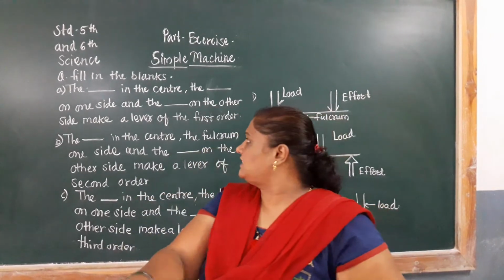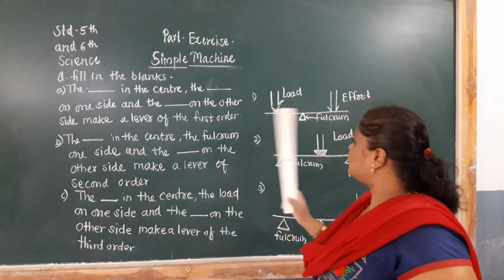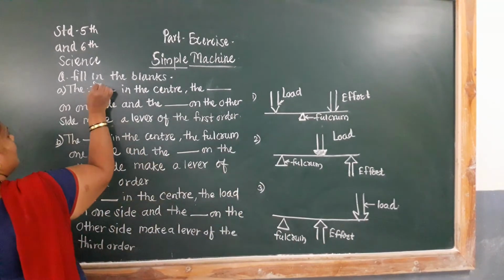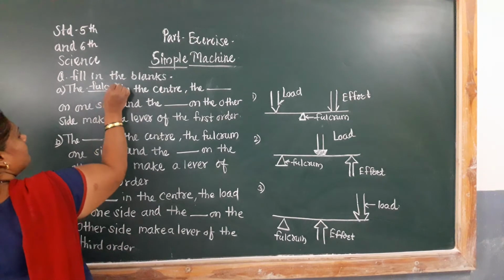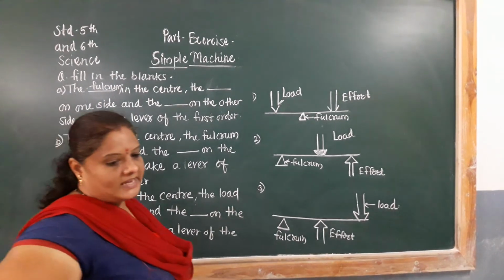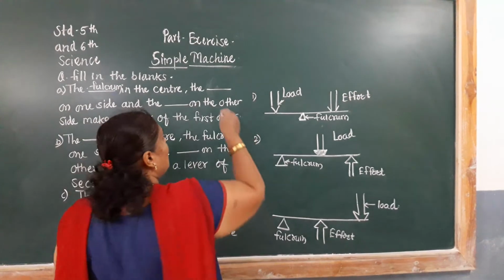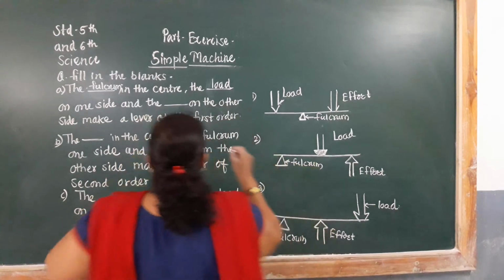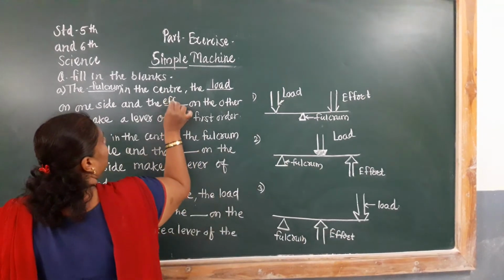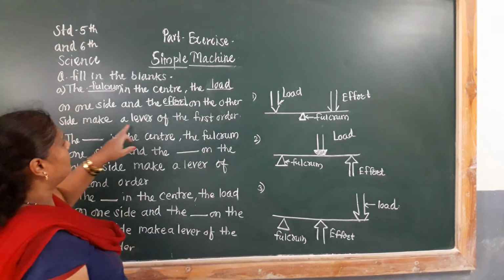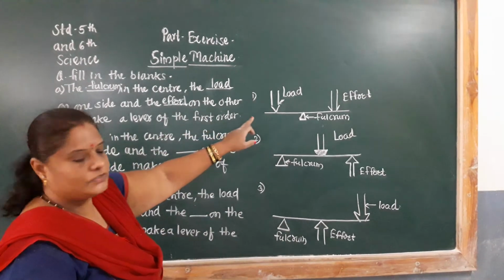The dash in the center. What is in the center? That is the fulcrum. Fulcrum in the center. The load on one side and the effort on the other side make a lever of the first order.